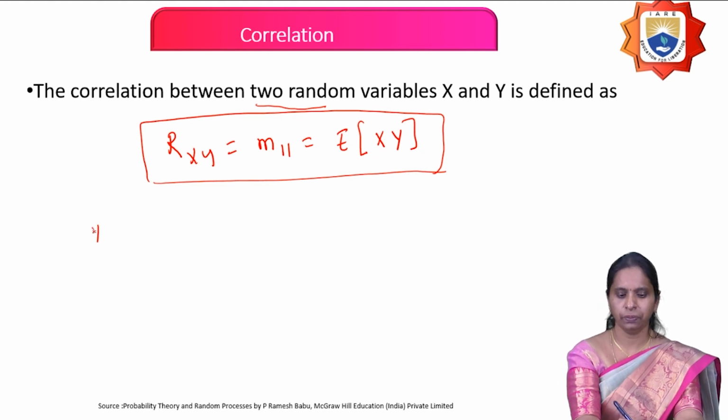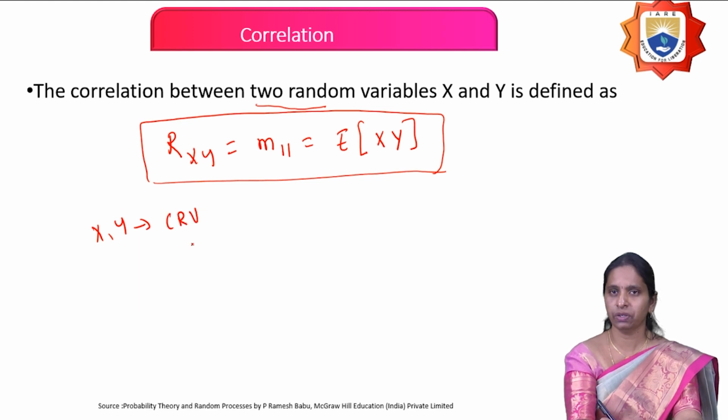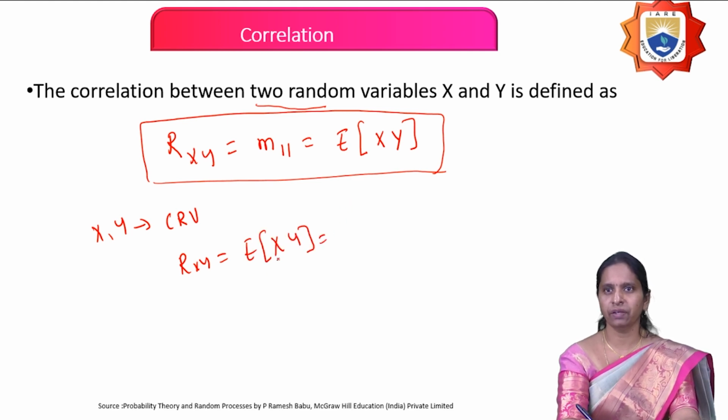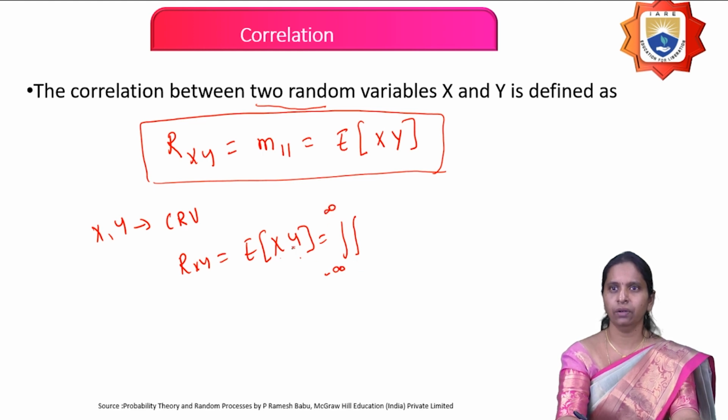Now, if x and y are continuous random variables, then what is the correlation formula? Rxy is equal to the expectation of xy. How many random variables do you have? 2 random variables. Therefore, we have to take the double integration, x from minus infinity to infinity and y from minus infinity to infinity.